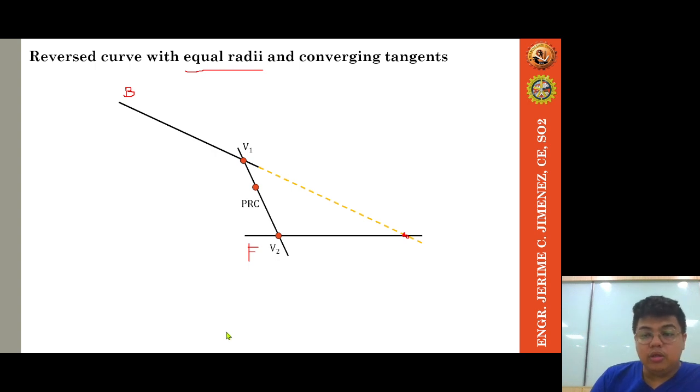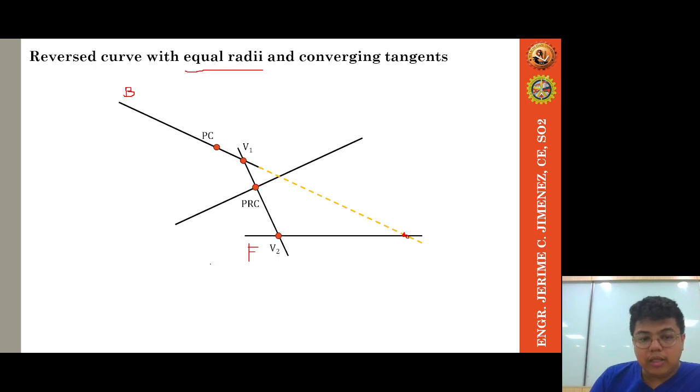So, we draw a line perpendicular to the common tangent to denote the common radius. So, let's get the distance from V1 to PRC and transfer it to the back tangent. Okay, let's call it PC.